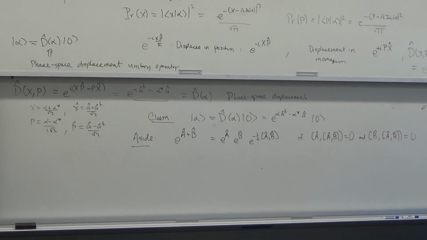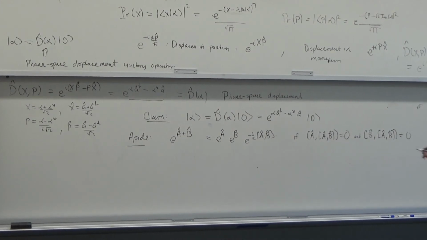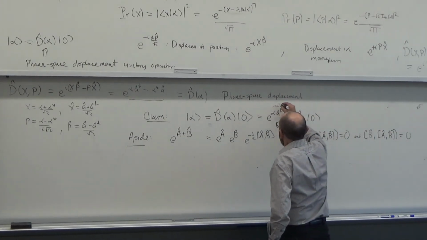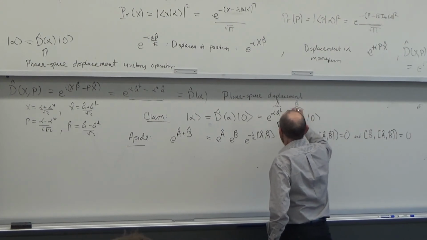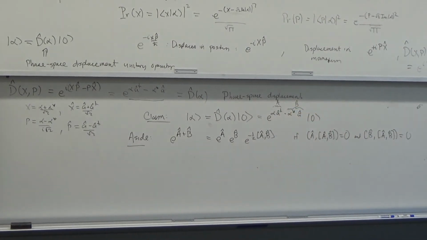It just stops there. So in this case, this is A, and this, with the minus sign, is B, right? The commutator of A and B is a number. So it commutes with A and B, so this is good. And what is the commutator of A with B?